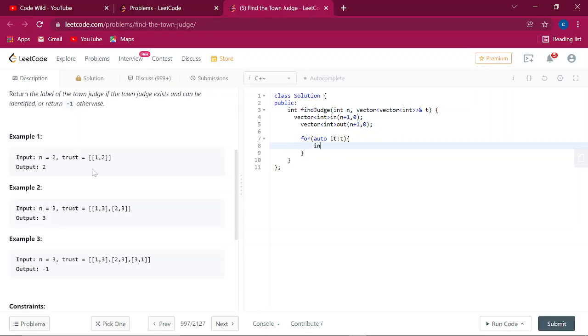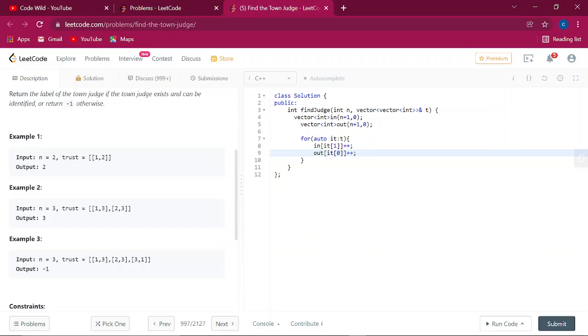It will be for the second element, right? I mean the second element will have the in degree. So in of t of 1 will be plus plus, and out of t of 0 will be plus plus.